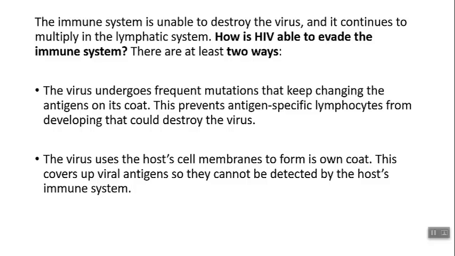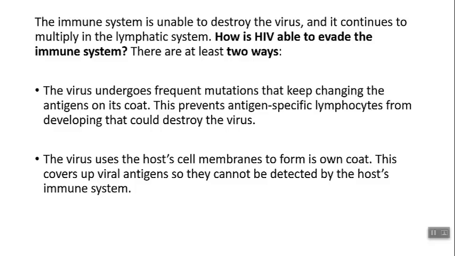So antigen-specific lymphocytes fail to recognize the virus, because every time it gets mutated, the protein coating on the surface is different. The other reason is that the virus also uses the host's membrane to form its own coating.